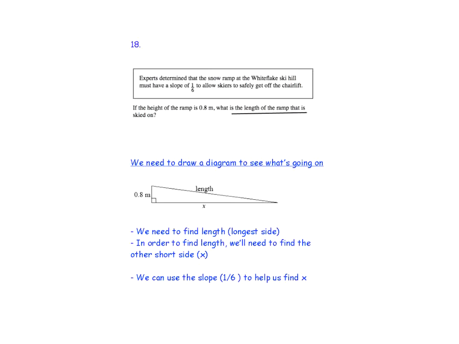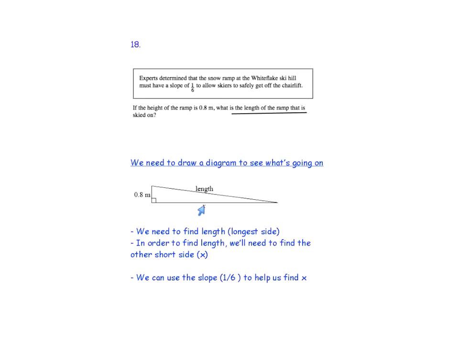So when we draw our triangle, we can see that the question says the height of the ramp is 0.8, so we label that. And the question says that we're looking for the length of the ramp, so that's the part we label. That's the length of the ramp, right? Well, in order to find that length, we're going to have to find this x.